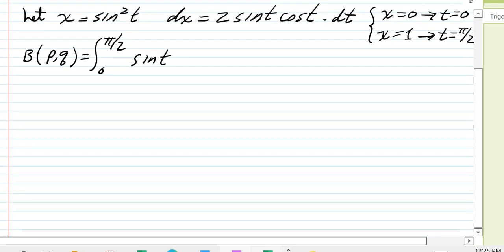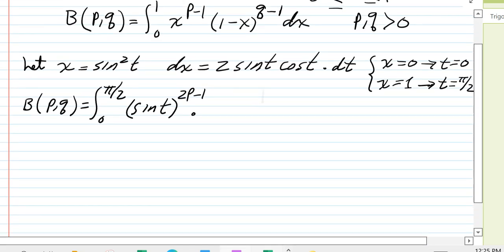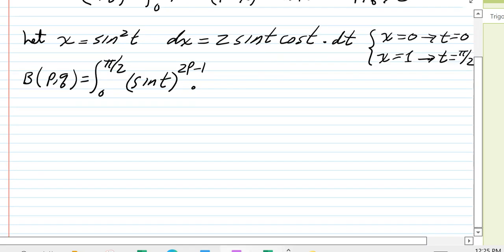sine t to the power of 2p minus 1 times cosine t. Okay, let me see, 1 minus x. Let me actually write this.